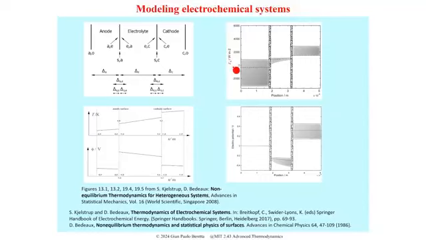They use the Groot and Mazur notation. So what we call the Q double prime, they call measurable heat flux. But other than that, they essentially use the same notation that we've done.